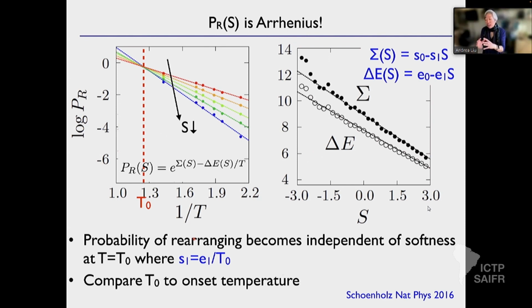Of course, softness is correlated on the scale of a particle, but not beyond that. But if you prepared your system in some other way, you could prepare it, for example, with a gradient of softness, potentially.